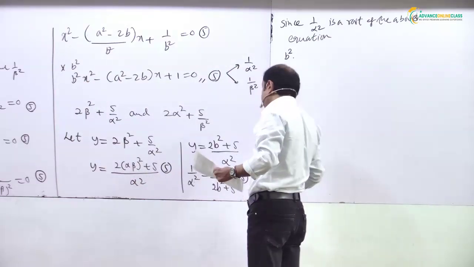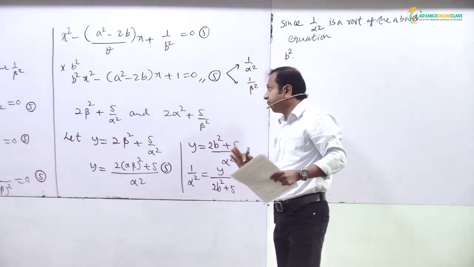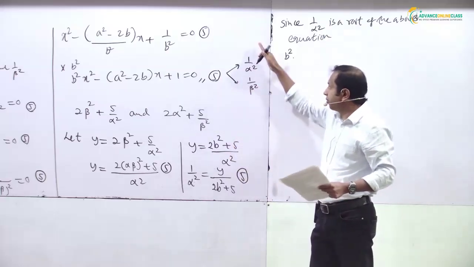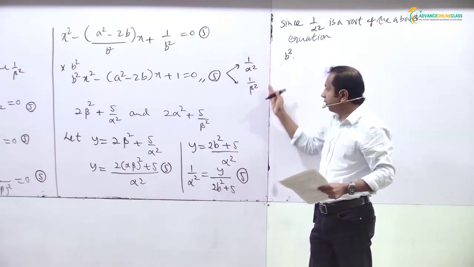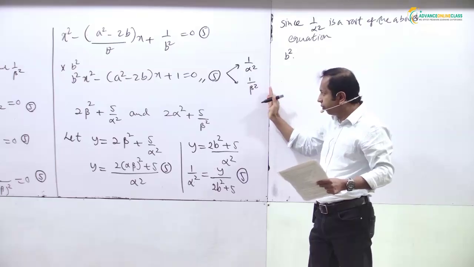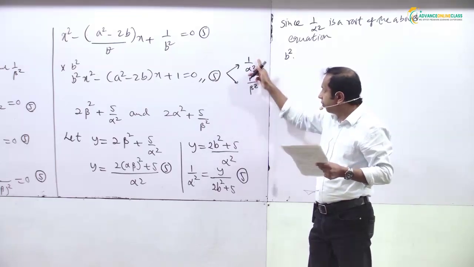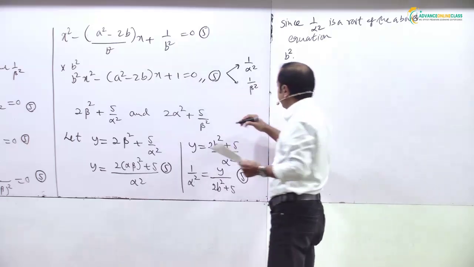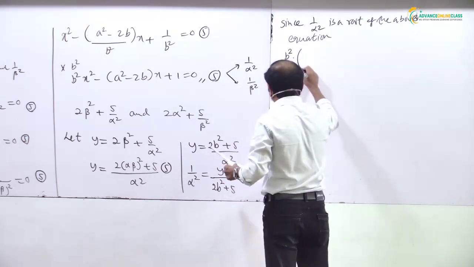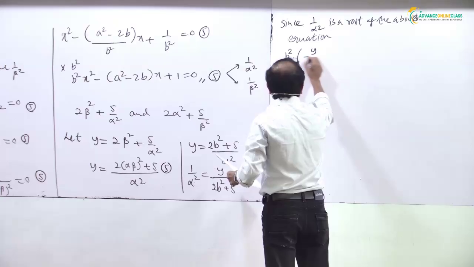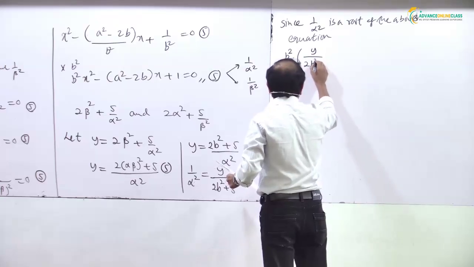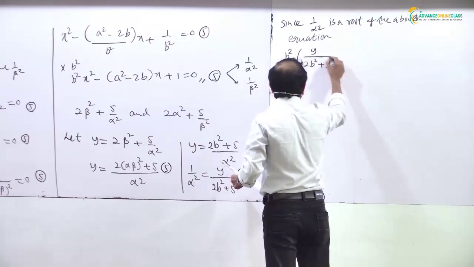For x, not x squared, because the roots of this equation are 1 over alpha squared and 1 over beta squared. Then 1 over alpha squared is this, so I can put y over 2b squared plus 5, to the power 2.